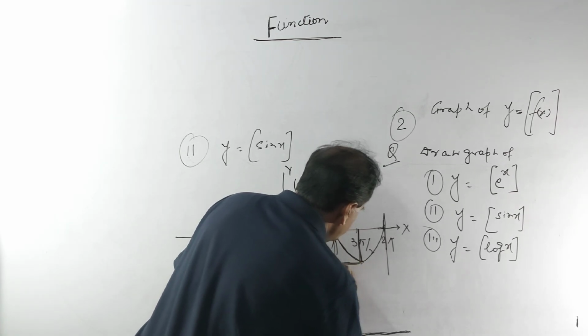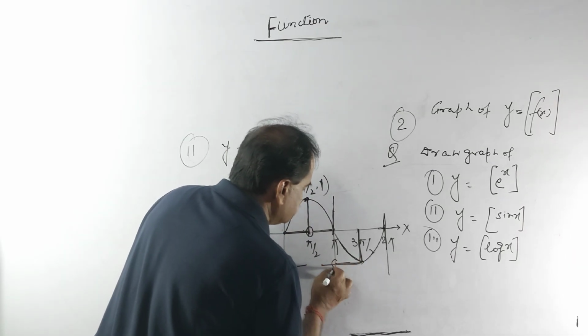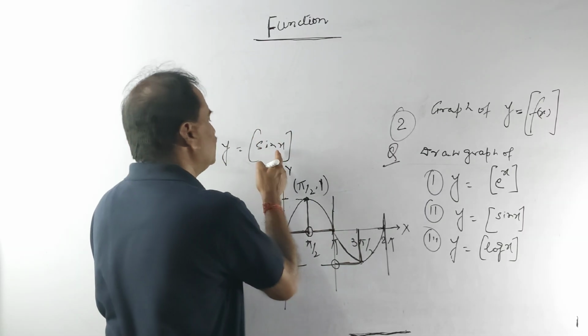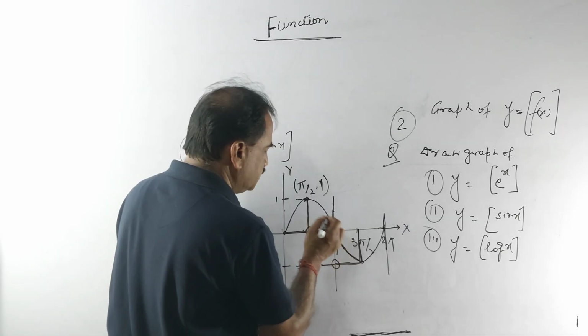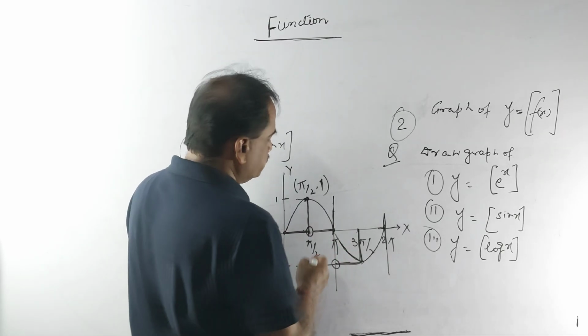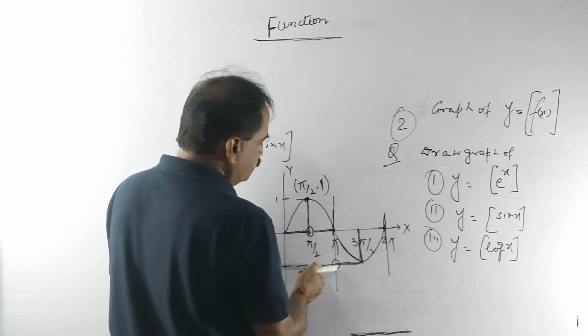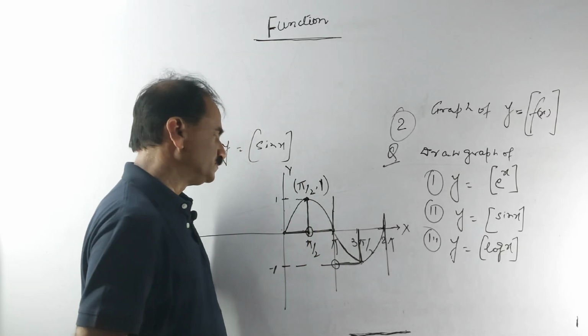y equal to minus 1. This point does not exist because at x equal to pi, this point exists. At x equal to pi, sin pi is 0, the integral value of 0 is 0, so this point exists. This point does not exist because at x equal to pi, sin x is not equal to minus 1, sin x is equal to 0, so this point exists, this point is excluded.